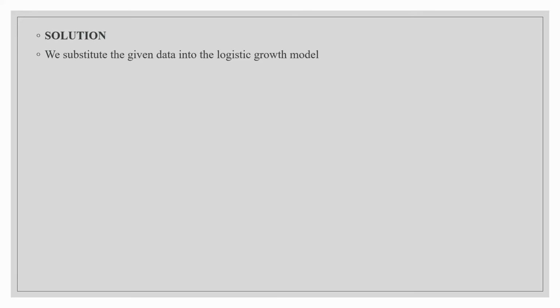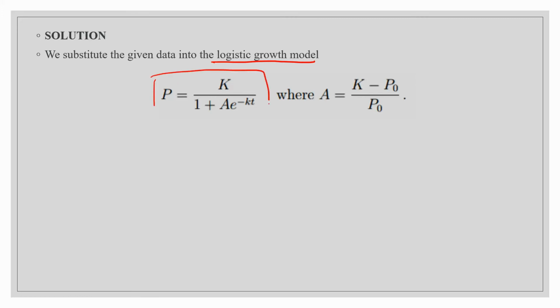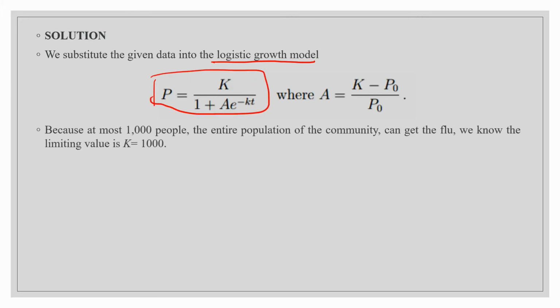If we substitute our data into the logistic growth model, this is the solution of the logistic growth model. Here we have 1000 people, so we can set our maximum carrying capacity as 1000.